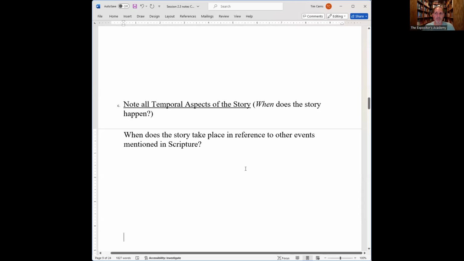Like in Genesis 22, it says, "Now after these things," and those things were from Genesis 21. They'd been living in Beersheba for a while, and Isaac had now become a lad, a young boy, perhaps even a young man. So some years have transpired. You just get a general idea of when the story happened. Not when it was written, but when the story took place.